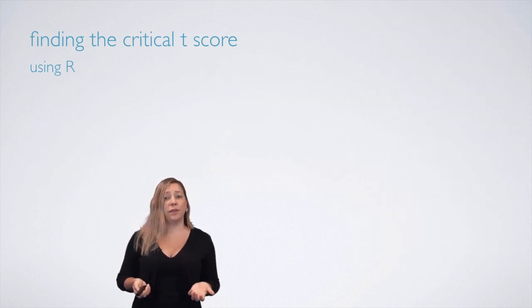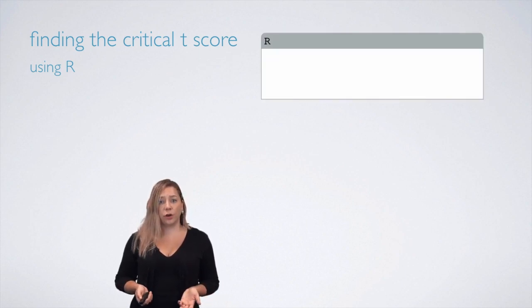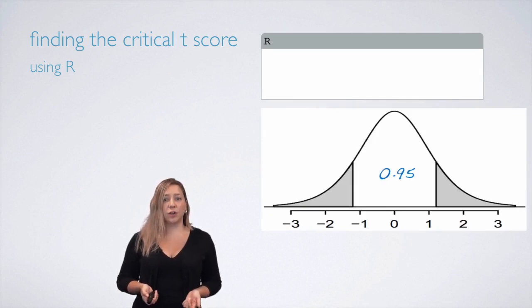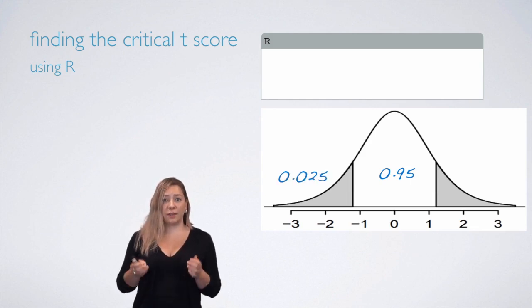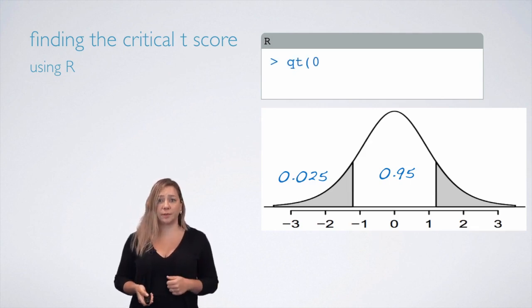Alternatively, we can find the critical t-score using R. Once again, let's draw the normal curve and mark our confidence level in the center of the curve. With 95% in the center, the lower tail area is 2.5%.